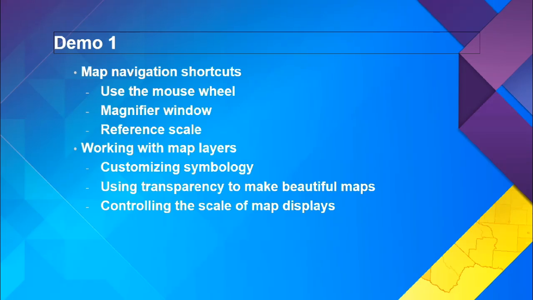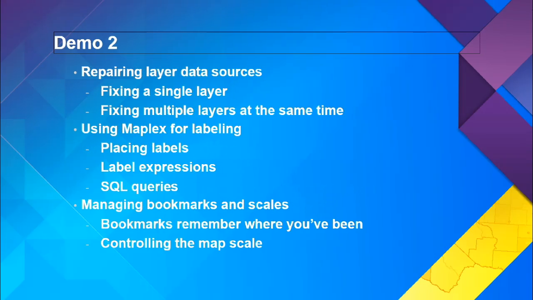Well, we have some good things from Jack, navigating shortcuts and working with layers, all the little things that you saw here, and really some tips that we can give you. And I think for the second part, we have a little workflow here, talking about repairing the data sources of your layers, different options that we have.